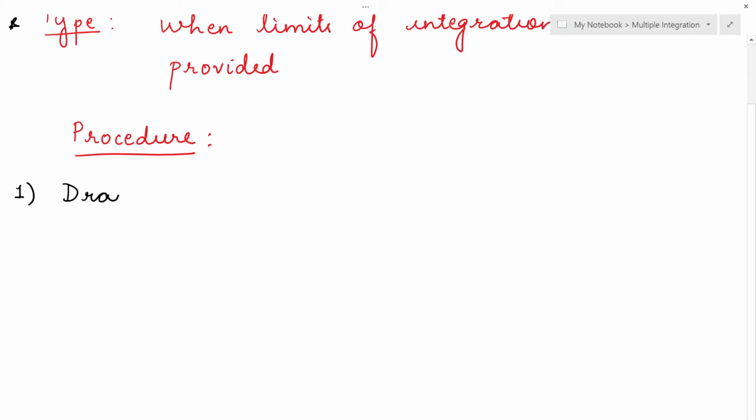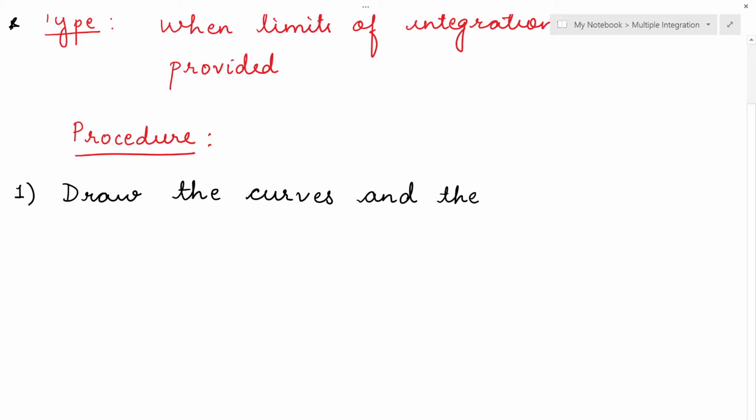The first step in the procedure is you have to draw the curves and find the region of intersection. The curves, that is, the region R, will be given to you in the question, and the standard curves we have done in the starting of the class.